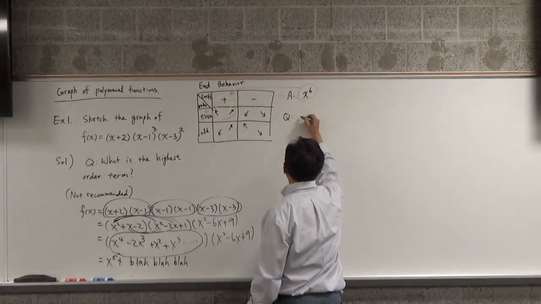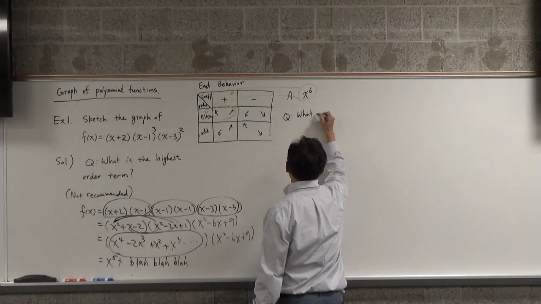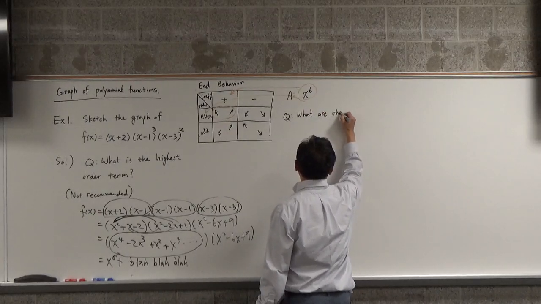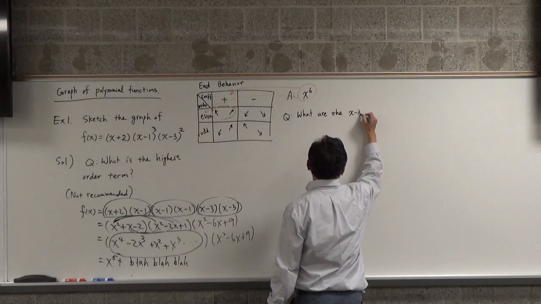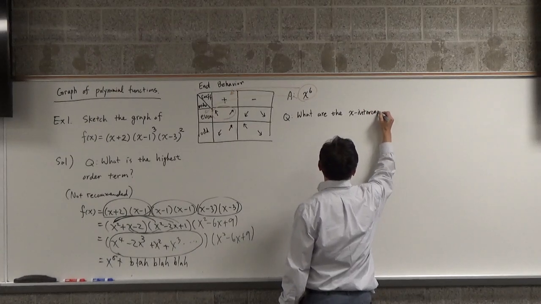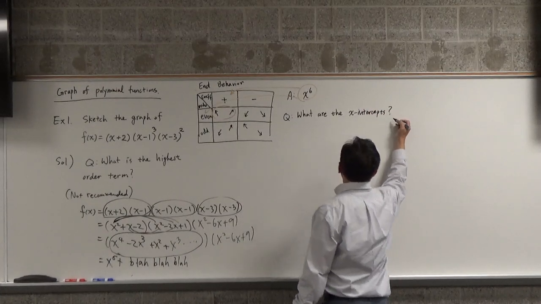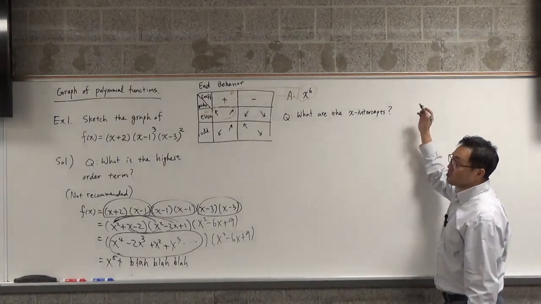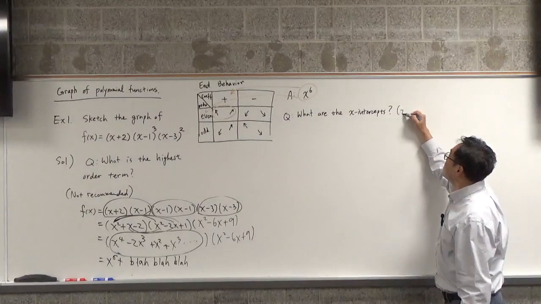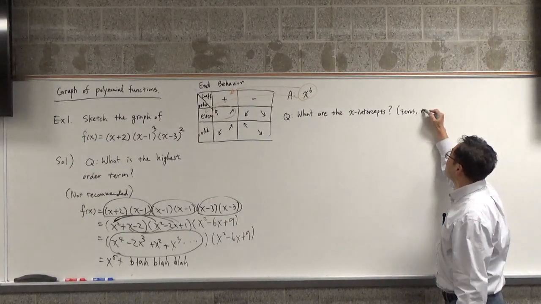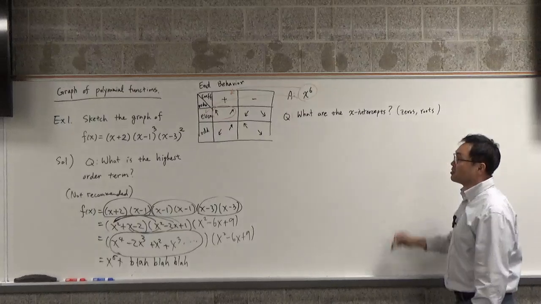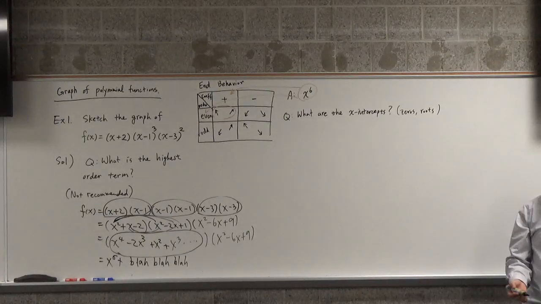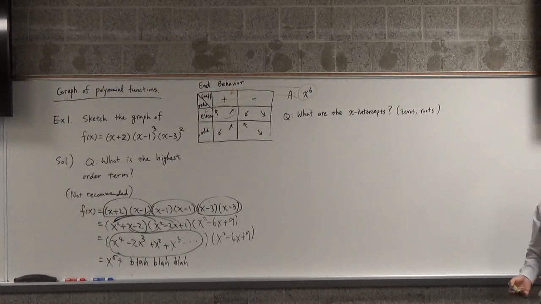Next question is, what are the x-intercepts? And last time we learned that for polynomials, x-intercepts are also known as zeros or roots. So another way to phrase this question would be, what are the roots of this polynomial?